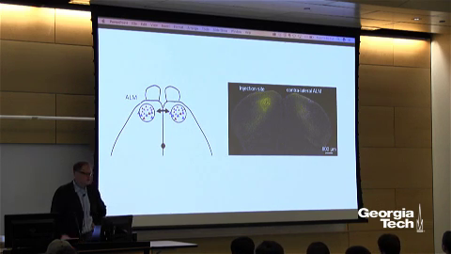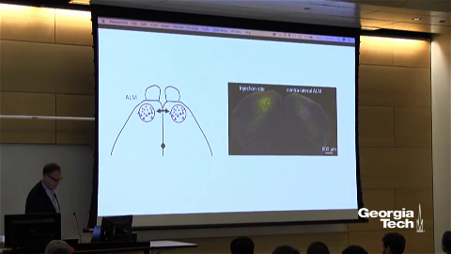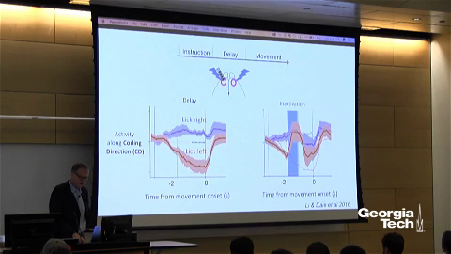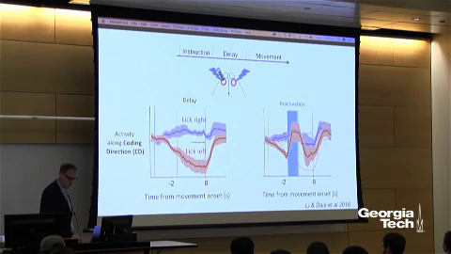And it turns out, as I've shown you earlier, that preparatory activity for rightward and leftward movements is on one side, and it's also on the other side. So when you perturb this side, it could be that activity recovers through the other side, and that's in fact what happens, okay? Because if we now perturb both sides of ALM, the selectivity fails to recover.